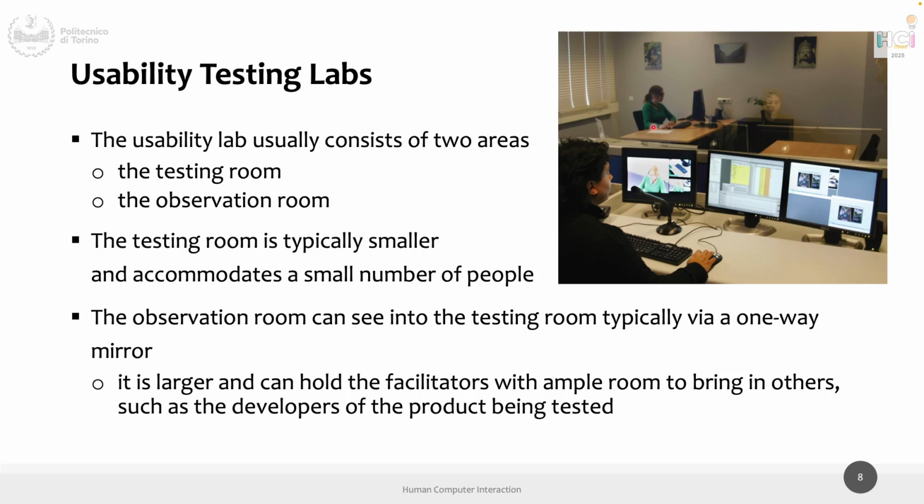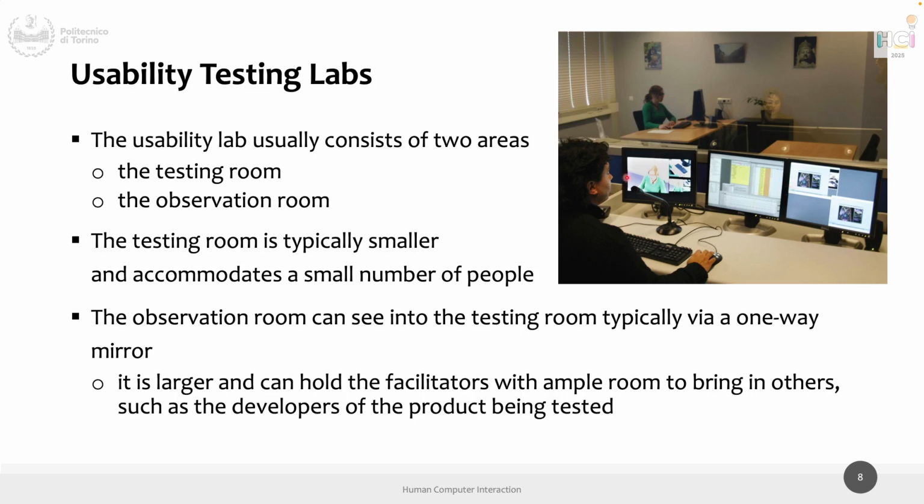They work on some task, for instance here on paper, and then you have a glass that doesn't allow the participant to see what's behind it, but allows the tester, the facilitator, to see what's going on in the other room.